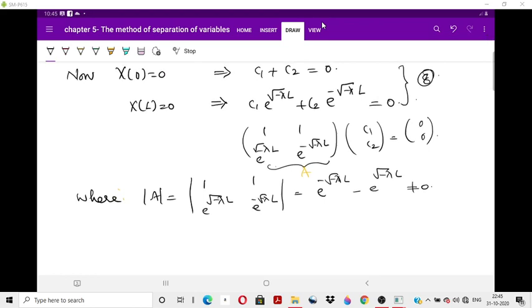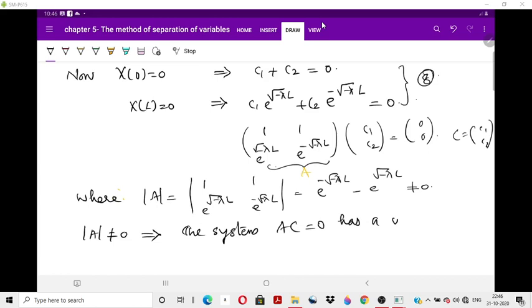Now since det of A is not equal to 0, it implies the system Ax equal to 0, or AC equal to 0 where C is the matrix c1, c2, has a unique solution.